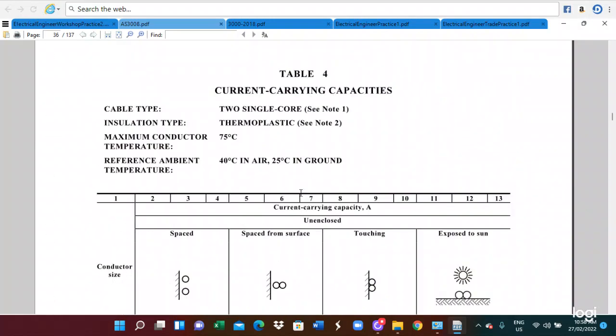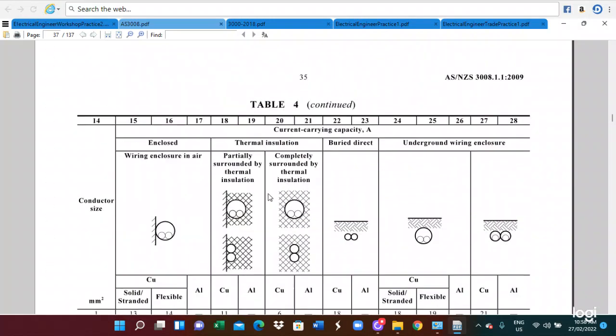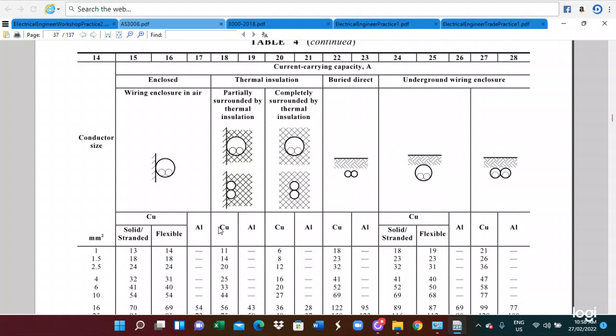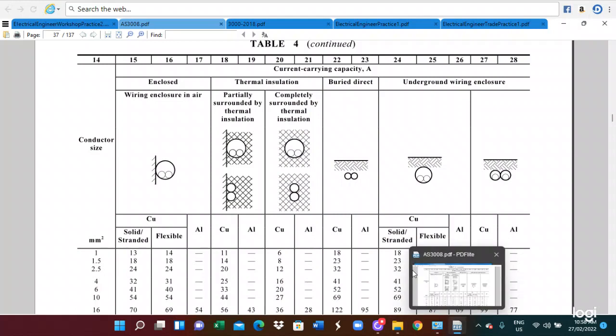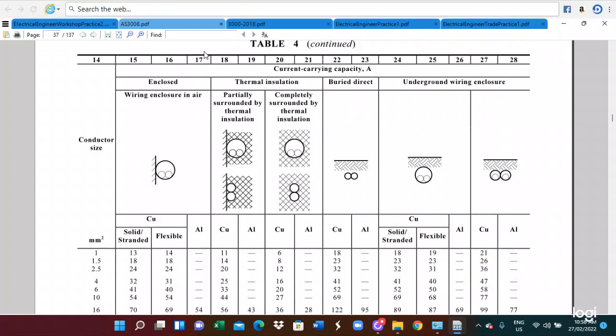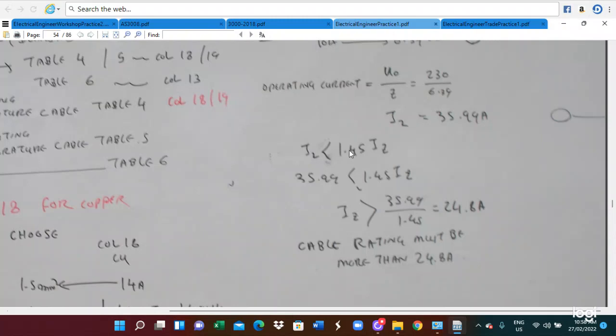This is for copper, we utilize column 18, then 4 millimeter square. So this is 25 ampere current. So this is for the cable selection. This program shows the protective device configuration as well as the cable selection.